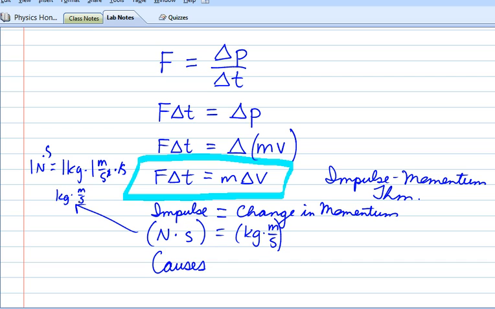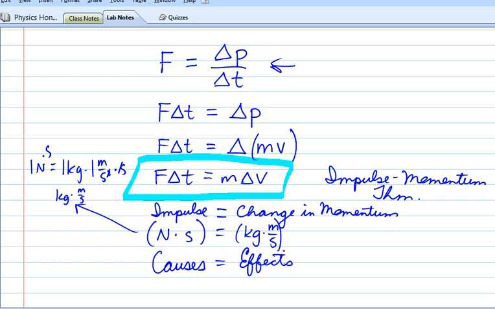So if you remember previously, I said that the units of momentum looked awfully close to force. Well, here's why. If you take the units of momentum and divide by seconds, you're going to get force. Okay, so on the left side are causes, and on the right side are effects.